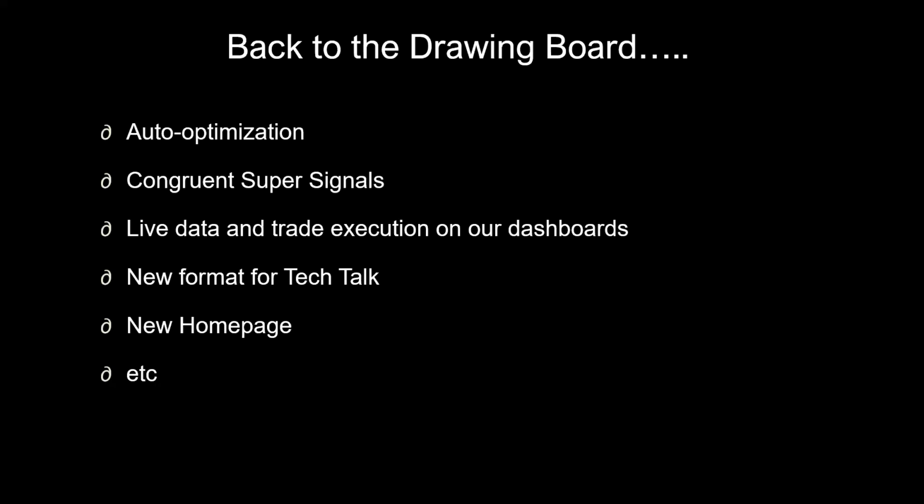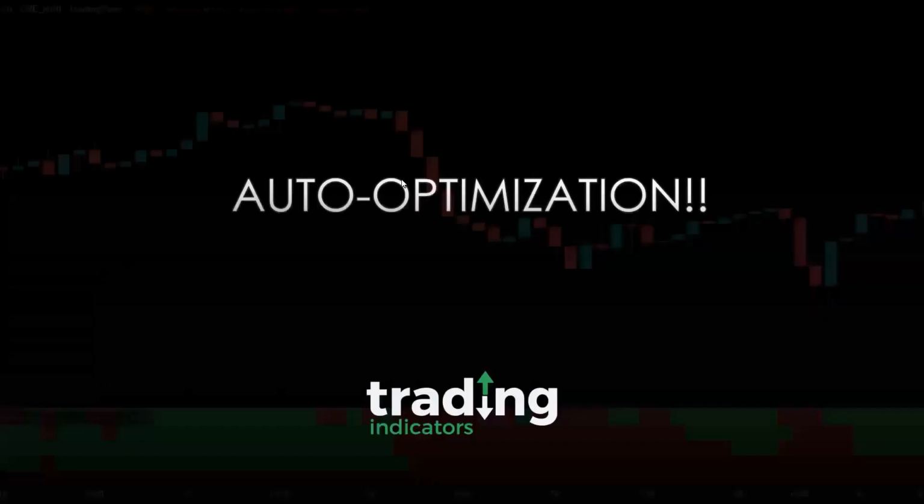You're going to have your own user space to find all the indicators that you've purchased, that you own, and so forth. This is basically what we've been up to, and also one of the reasons why we did not have the Tech Talks in the summer, because we simply were busy with some other trading topics. Okay, so today's topic, as mentioned before, is auto optimization.